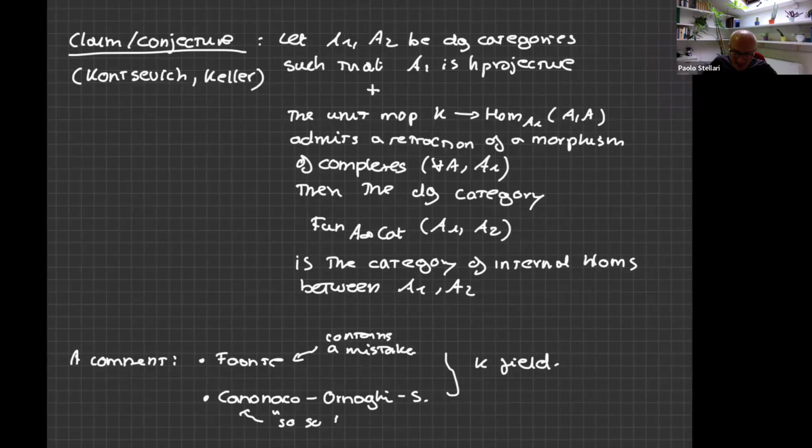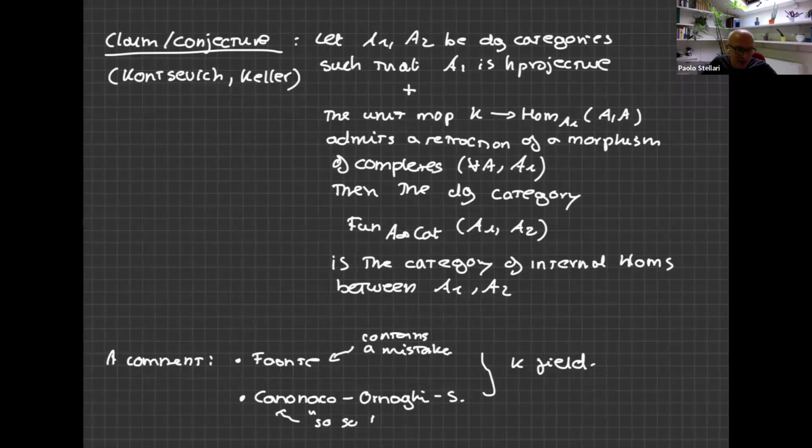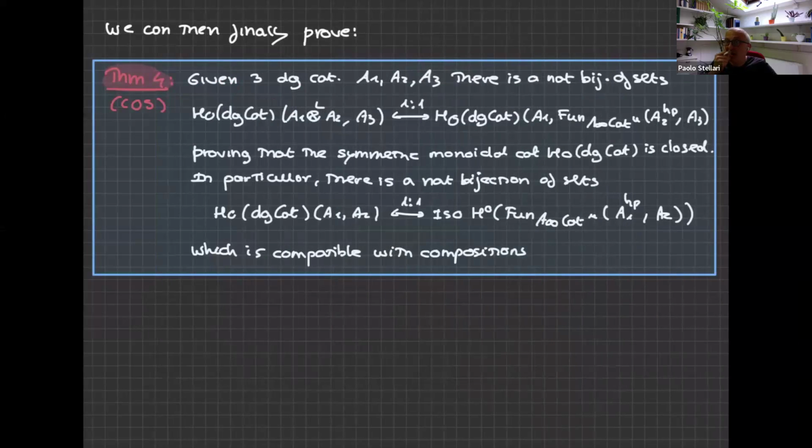So in other words, we felt the necessity to try to put a patch to such a story, and indeed, what we can get is a final statement that says that whenever we take DG categories, now linear over any commutative ring, so it's in full generality, then we get the following natural bijection, which simply means that this guy here is the category of internal Homs.